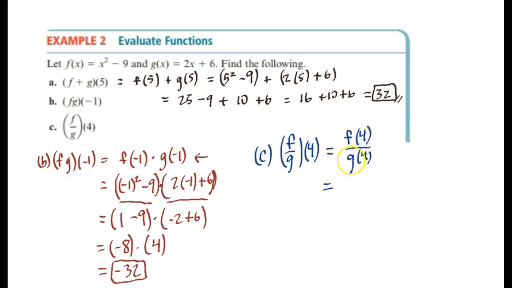We have f of 4 is 4 squared minus 9, and g of 4 is 2 times 4 plus 6. 4 squared is 16 minus 9 is 7. And 2 times 4 is 8 plus 6 is 14. So we have 1/2.